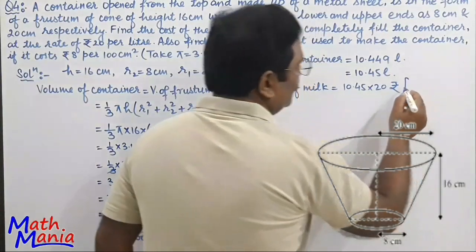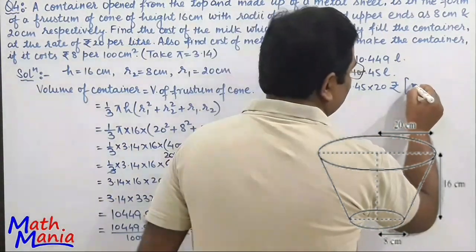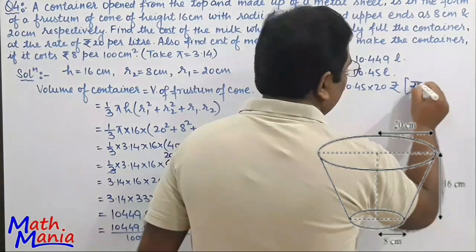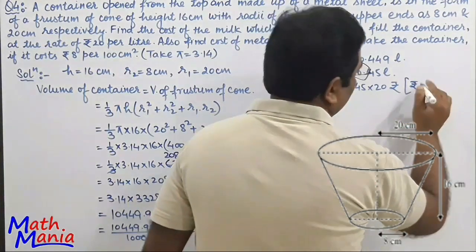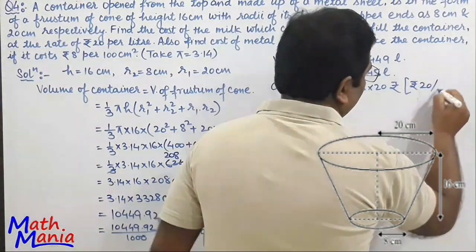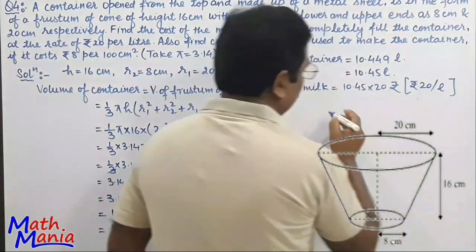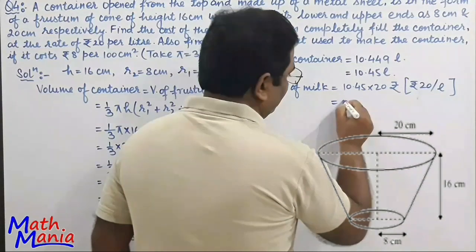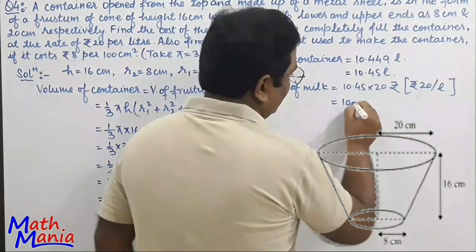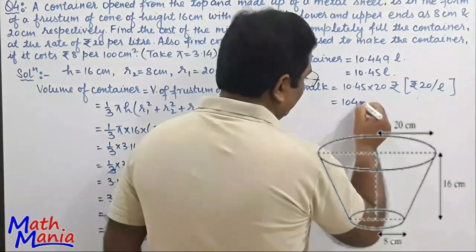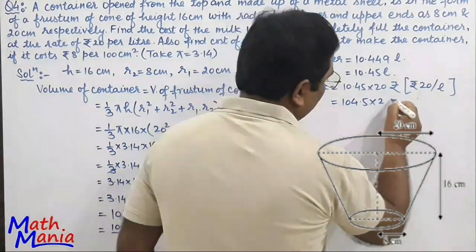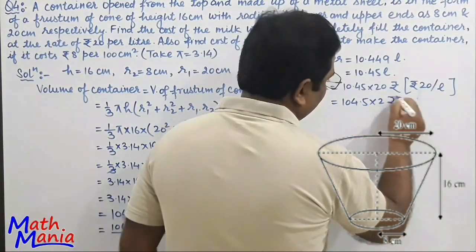Why? Because the cost of milk is given as rupees 20 per liter. So let us multiply. It can be written as 104.5 multiplied by 2 rupees.